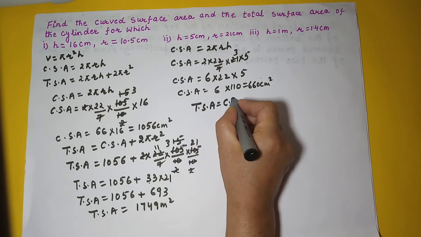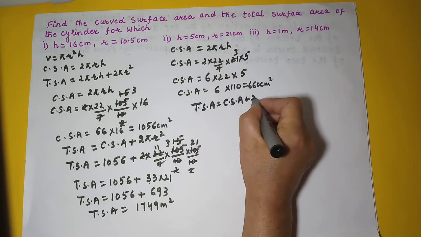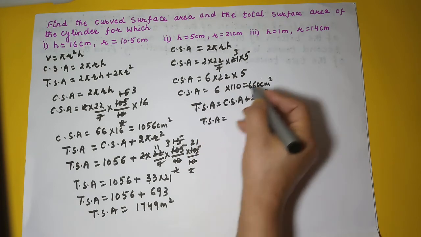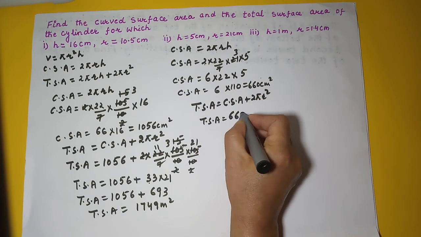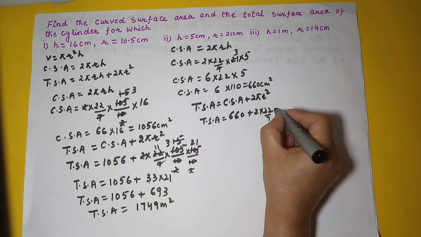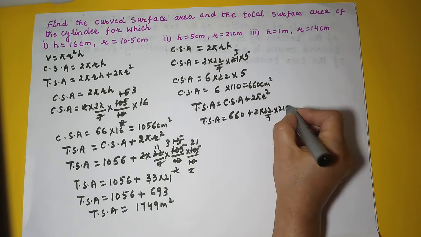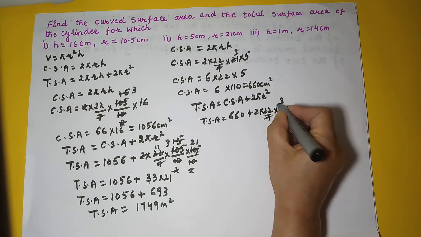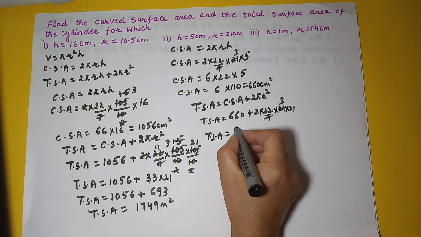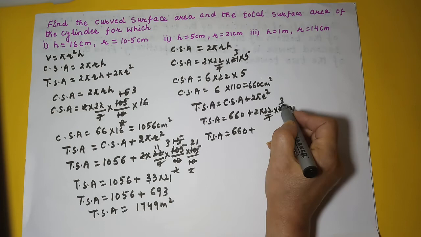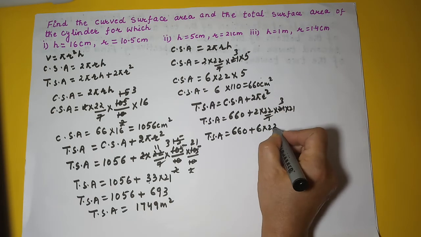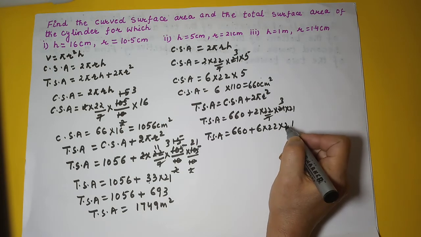So that is equal to curved surface area plus 2 pi r square. So total surface area is, you can directly put this value 660 plus 2 into 22 by 7 into your R is 21 into 21. So 7 3s are 21. So finally you are left with 660 plus 3 2s are 6 into 22 into 21.